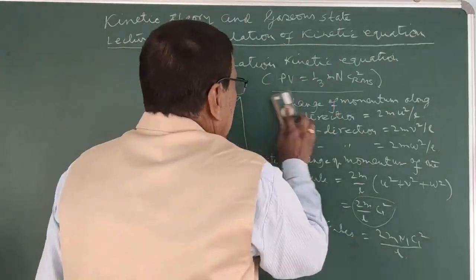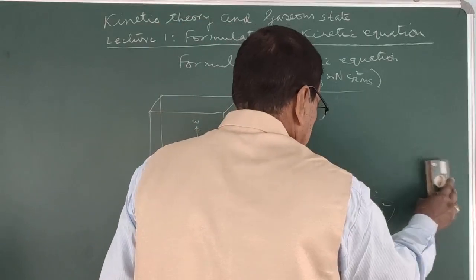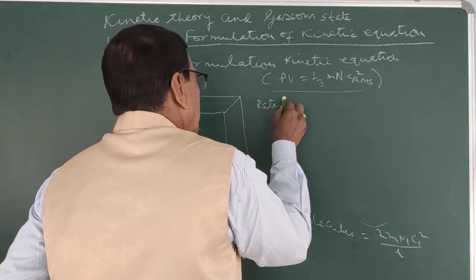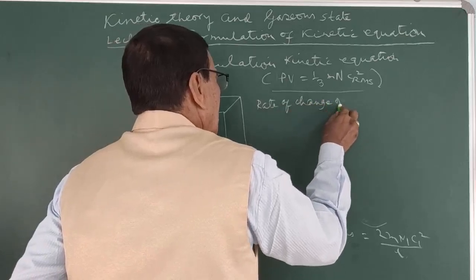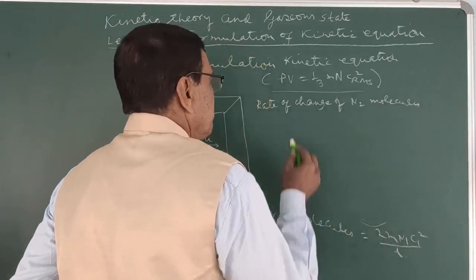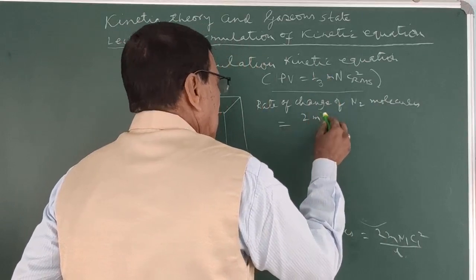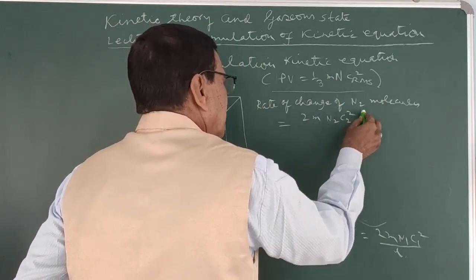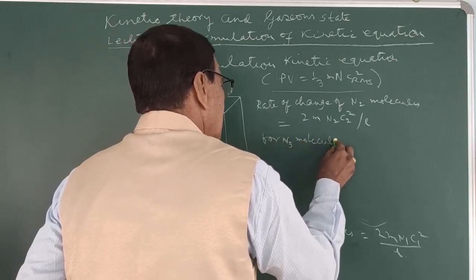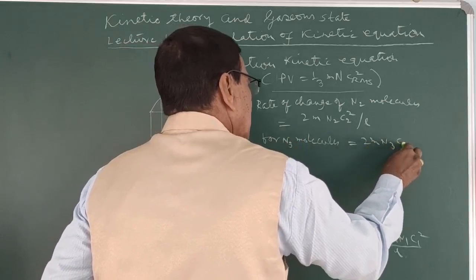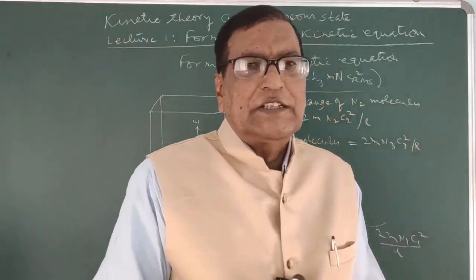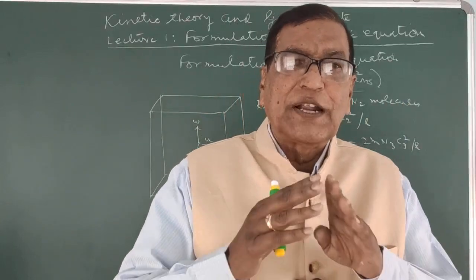In this way, for N2 molecules this will give you twice m N2 c2 square divided by l, and for N3 molecules, twice m N3 c3 square divided by l, and so on.